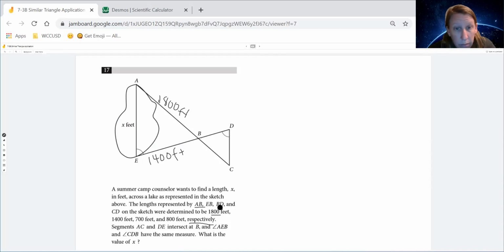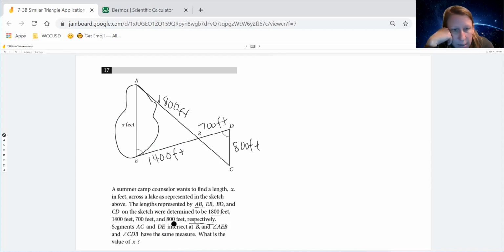This is really hard to read. BD, the third one, is 700 feet. I just want to see if you can read and stick with it. All right, and then the last one, CD, the last of the four numbers, is 800, so that goes here.